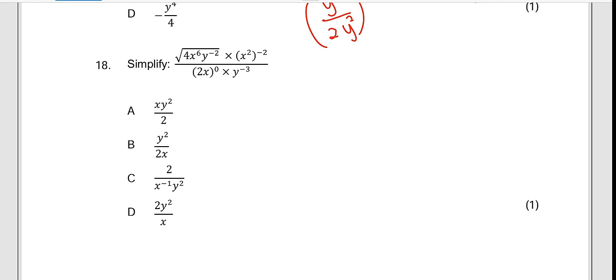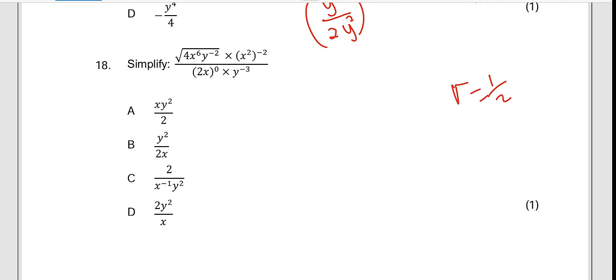We have a square root. As I told you guys, a square root means 1/2 in the exponent. Square root simply means half in the exponent.